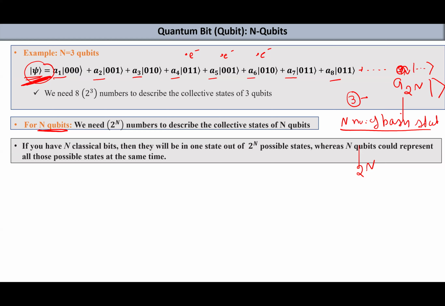So for n qubits or n electrons, I need to define 2 power n complex numbers to describe the wave function of the superposition of n qubits. So you can see that lots of information is there in this wave function psi.